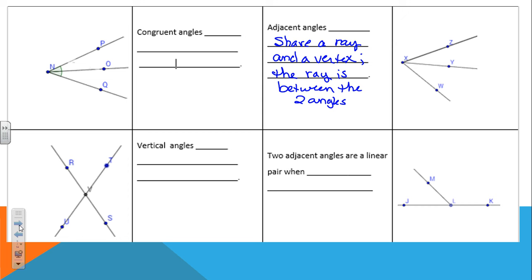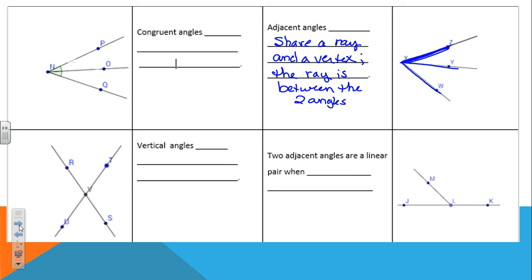Because angle ZXY and angle ZXW share a common ray, don't they? But ZXW has common interior points with ZXY. So I'm never going to ask you for a formal definition, but I want you to have a working definition in your mind that makes sense to you. Adjacent means next to, not on top, not overlapping, right? They only share one common ray and the vertex.